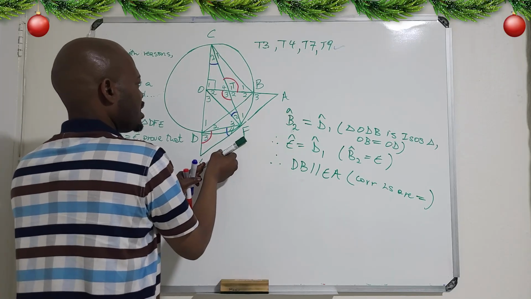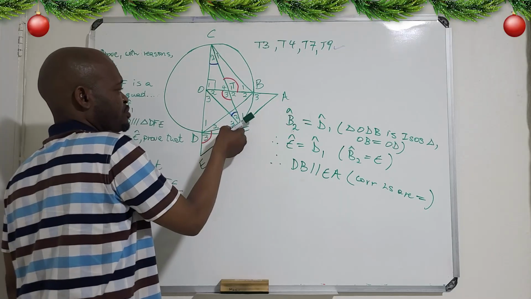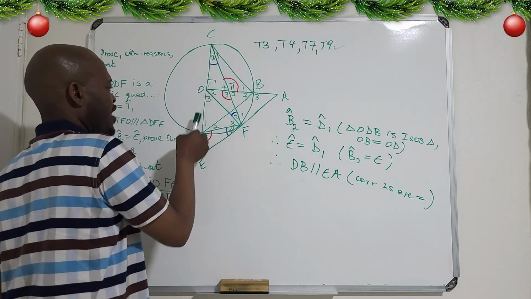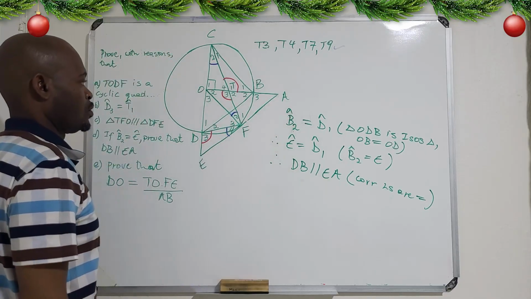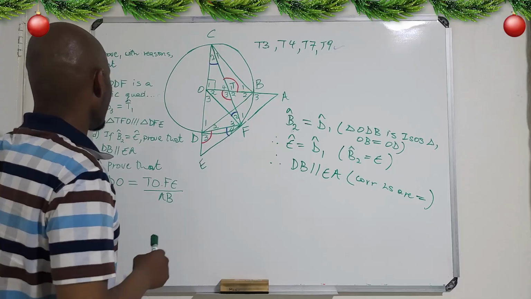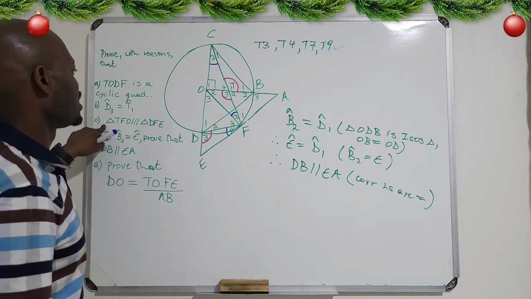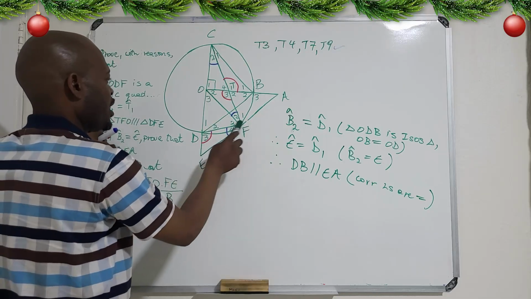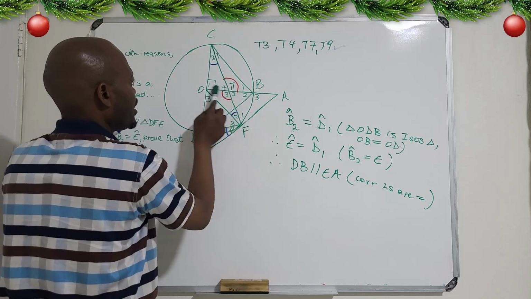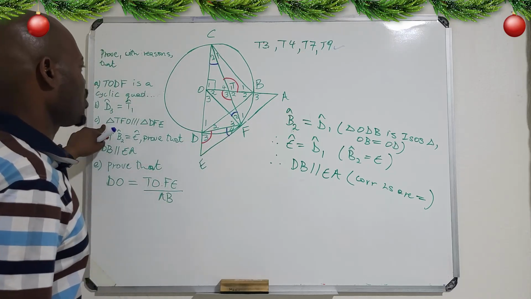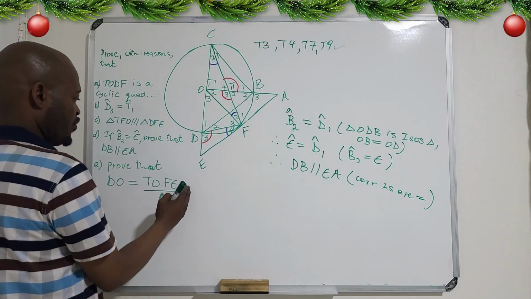So it means that we are going to use theorem 1 where this line is parallel to that and divides the other sides in the same ratio. We are also going to use what we have proved from C, that this triangle here is similar to this triangle here. Then we're going to set up our ratio. Then we are going to be able to prove that here.